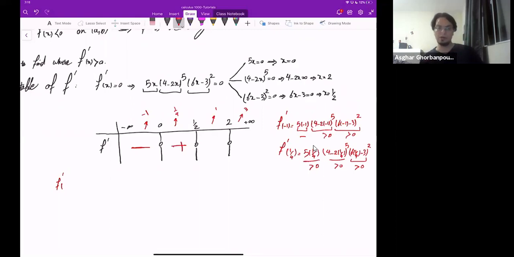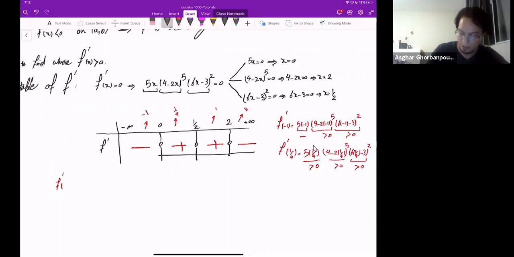If you continue working like that, and evaluate the function at 1, you will notice that it is positive from 1 over 2 to 2, and negative after that. Very nice. So by finding this sign table, you have been able to find where f prime is positive and where it is negative.